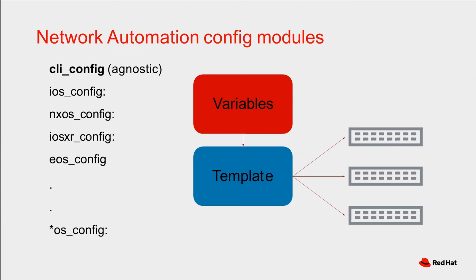So it's a bit of a wrapper for all of the config modules. Makes it very helpful, like I said, in multi-vendor environments. So now we don't have to write playbooks that are specific to each vendor. We can write one playbook that does a task, and then we can plug in any of the vendors that we have using those commands.